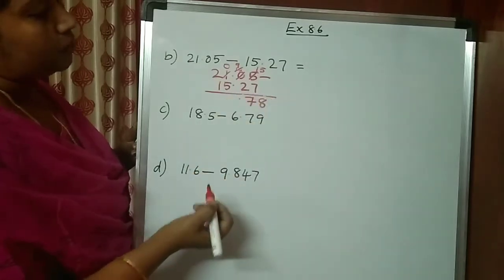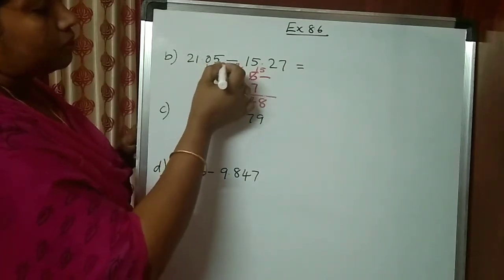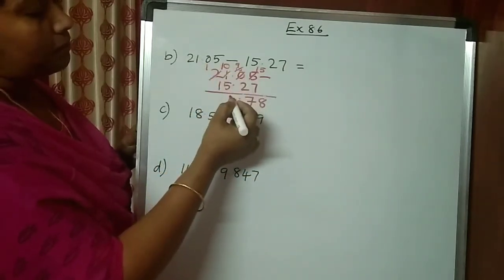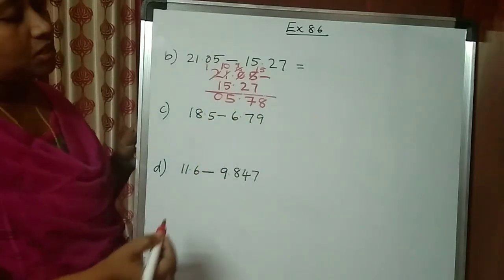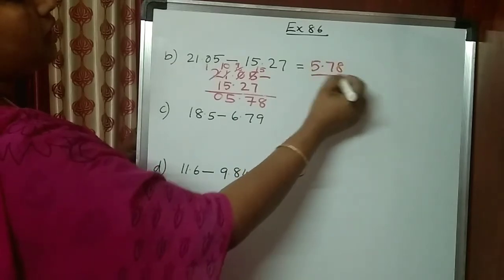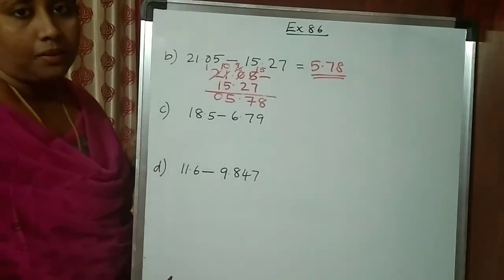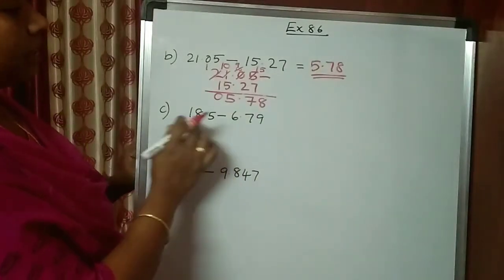Then 1 dot. 0 minus 5, it is not possible. So you borrow. This 0 becomes 10. 10 minus 5 is 5. 1 minus 1 is 0. So what is your answer? 5.78. Okay.